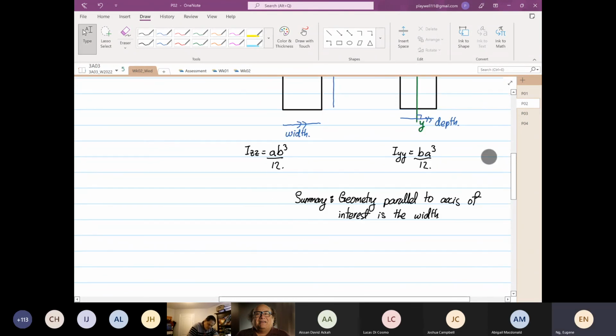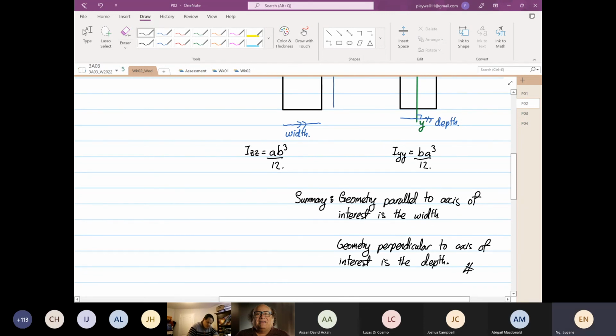Okay, geometry perpendicular to axis of interest is the depth.